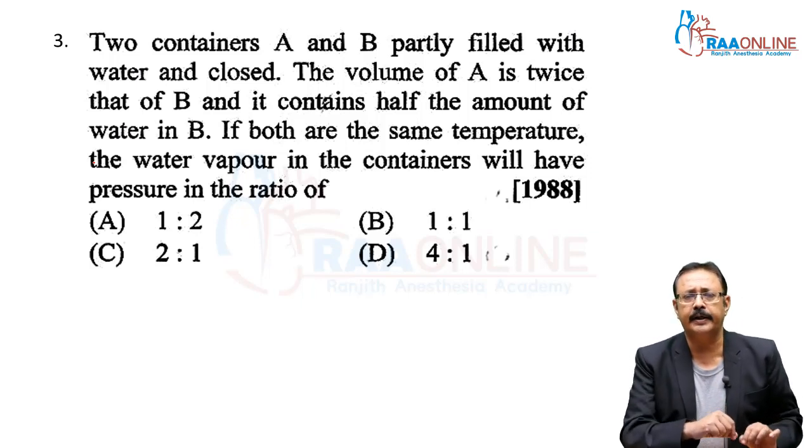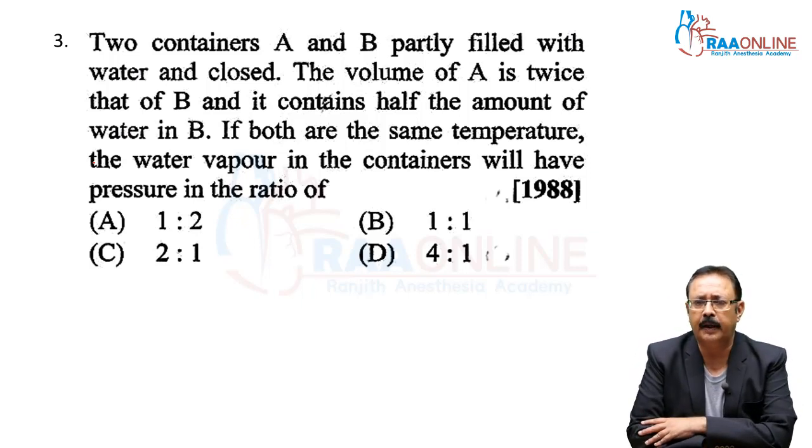Next, two containers A and B partly filled with water and closed. The volume of A is twice that of B and it contains half the amount of water in B. If both are at the same temperature, the water vapor in the containers will have pressure in the ratio of.